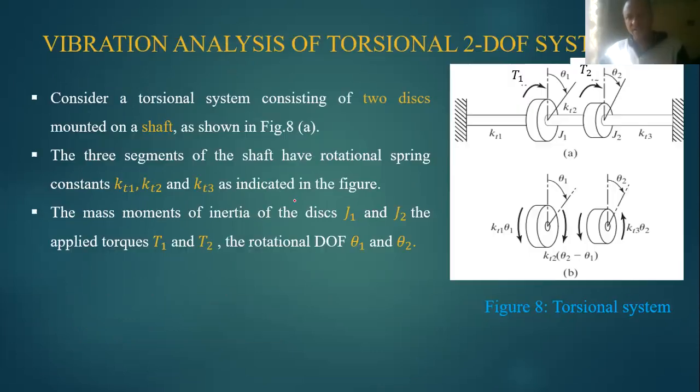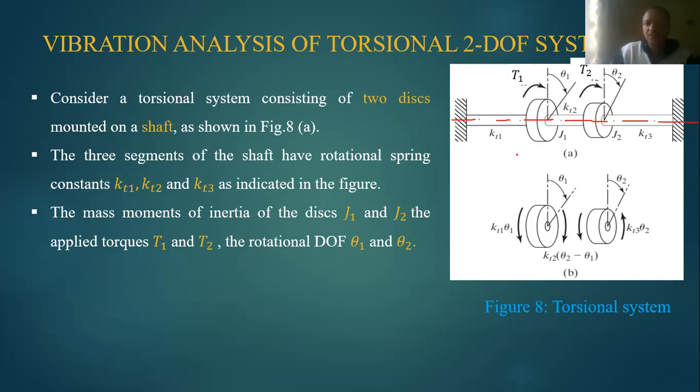So in this case, consider two discs which are connected to the straight shaft. This is the shaft axis. The rotation of discs about this axis we consider, and when torque is applied, it is forced vibration.